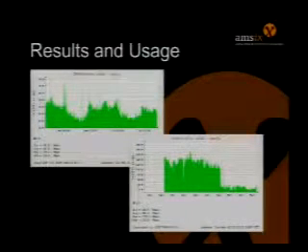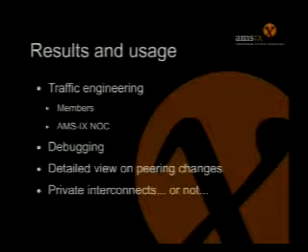So what people do with that now is, well, they use it. I heard from a couple of members that they're actually looking at it, and they use it for traffic engineering. One example is that somebody told me he was about to set up a private peering with somebody else, a 1 gig connection, and after he looked at sFlow, he was like, oh, but we're pushing 1.2 gig there, so it doesn't really make a lot of sense.